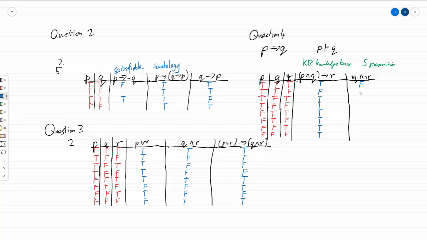So the only time that this is going to be true is when they're both false, which is this spot here and this spot here. And everywhere else, any kind of combination other than true and true, which is because they're both not, so it'll be a false and false on this side, will be false. So this one does not entail.